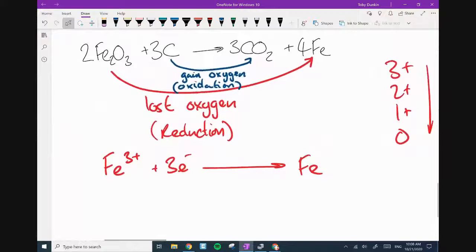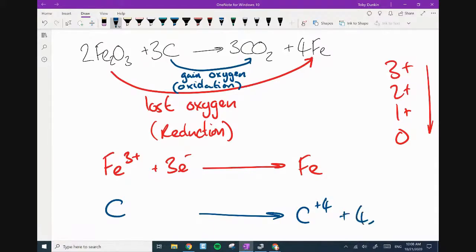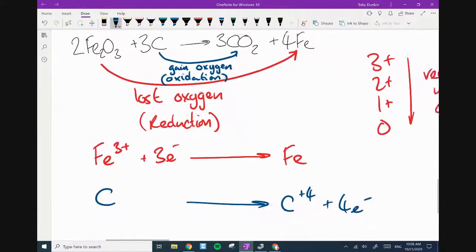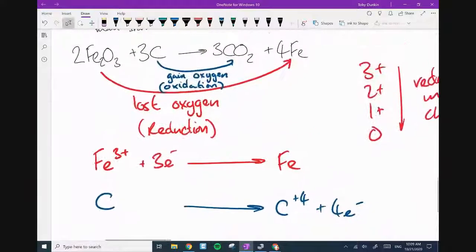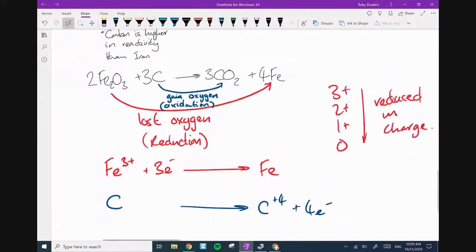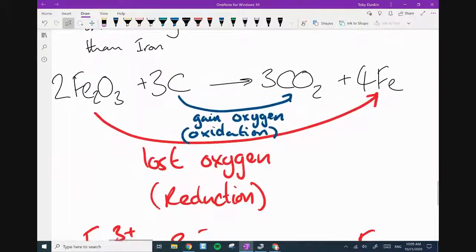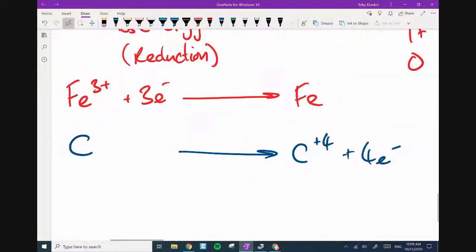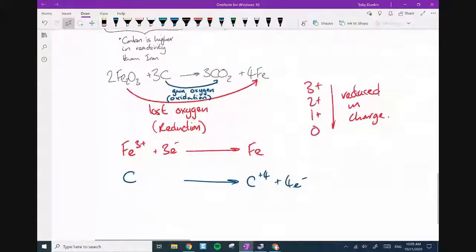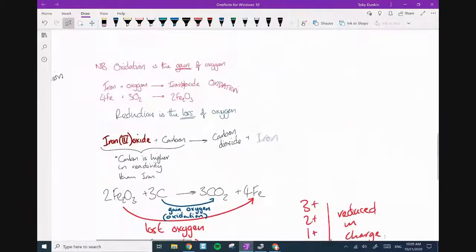If you look at what's happening in terms of charge for carbon, the carbon goes in at 0 and ends at carbon +4. That's giving away 4 electrons, just to let you know, 4 electrons being spat out. So we're looking at it from 2 perspectives. At this point, we were talking in terms of oxygen, but this one is all about electrons, and it means there's another definition.